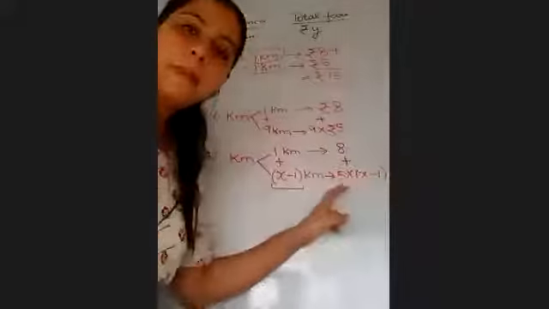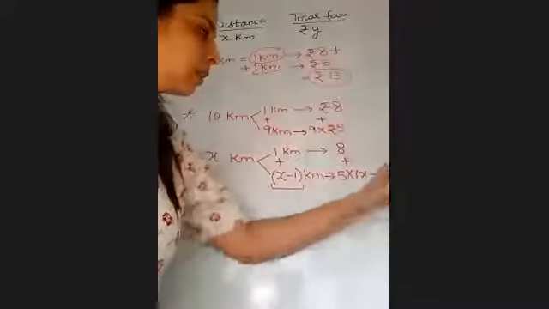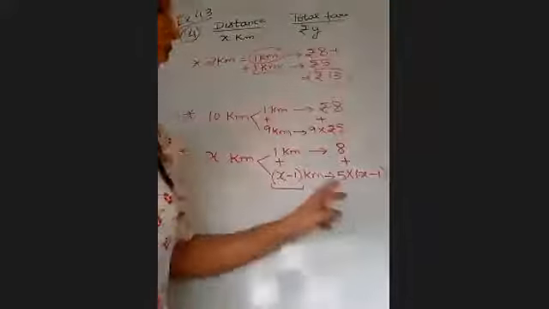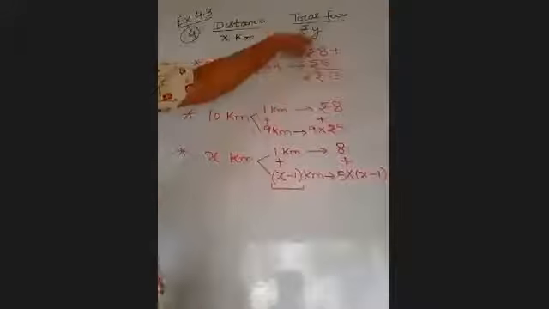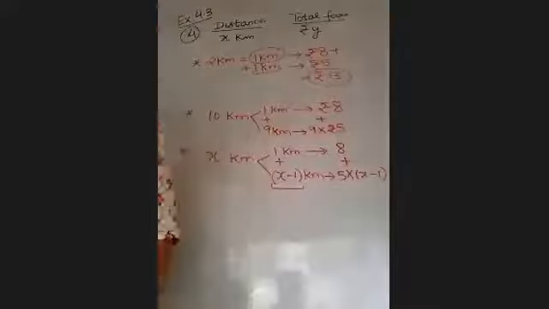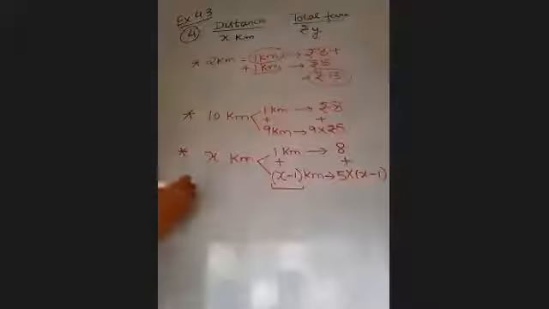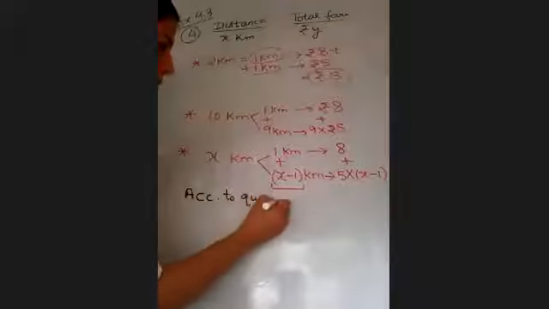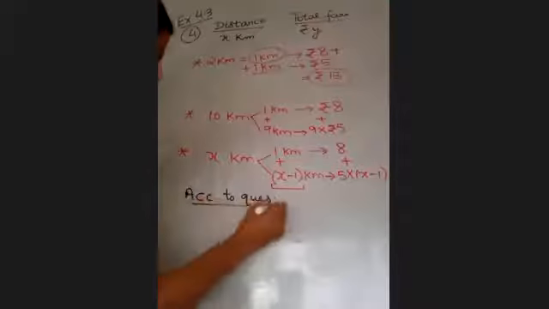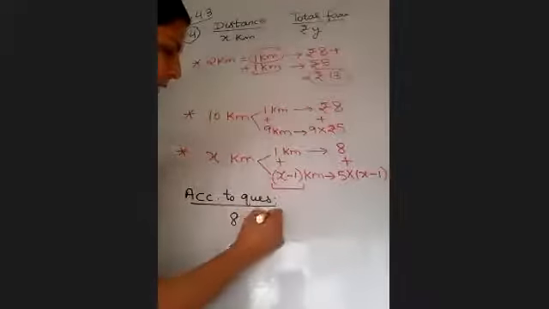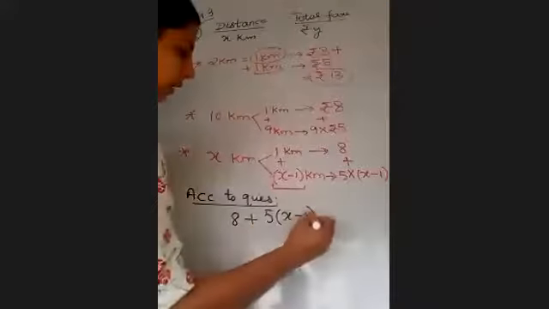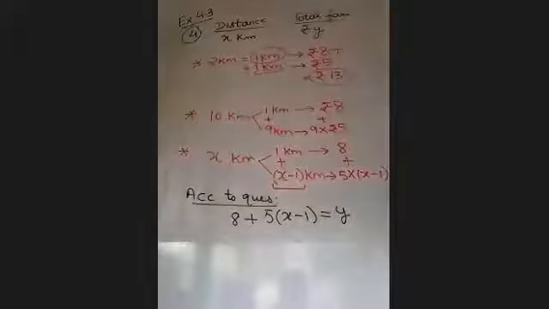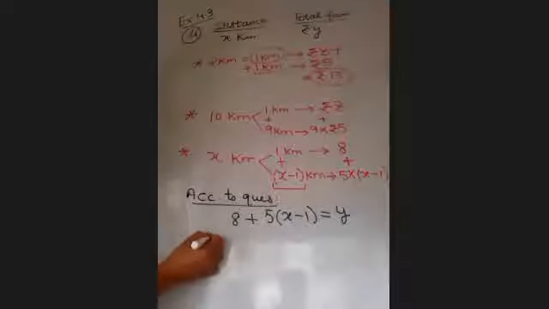Are you with me, children? And what is this? This is the total fare we are paying, and total fare is represented by Y. So according to the question, we have 8 plus 5 into X minus 1 is equal to Y. Let us simplify it.